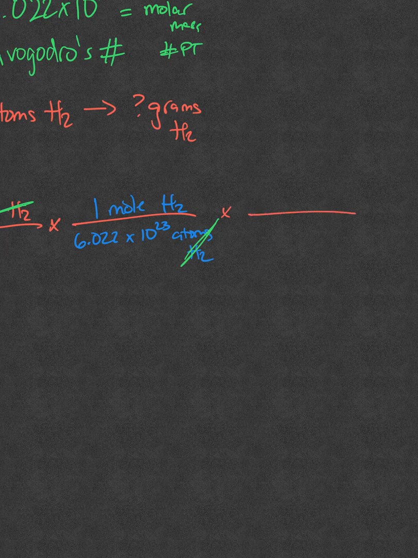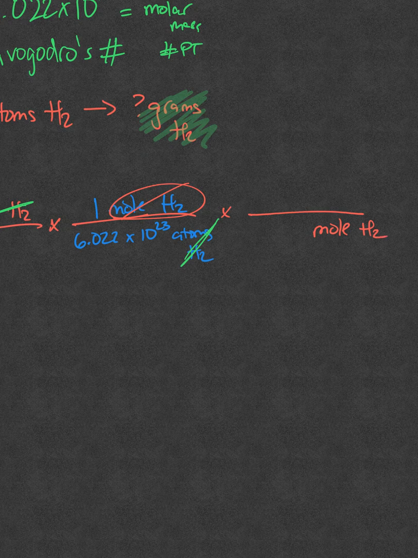And we could actually continue this even further, because ultimately what we're trying to find is how many grams of H2 we have. So that's what we're really looking for here. So we could take this one more step. We have moles here, and we need to get rid of moles, so we put moles on the bottom, moles of H2.